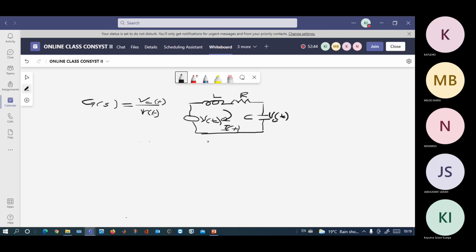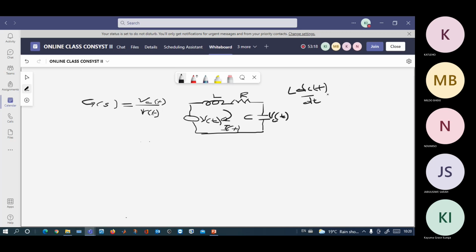Let me just take a simple example. When we have the inductor voltage, it's given to us as L di of T over dt. So this is given to us in the time domain.